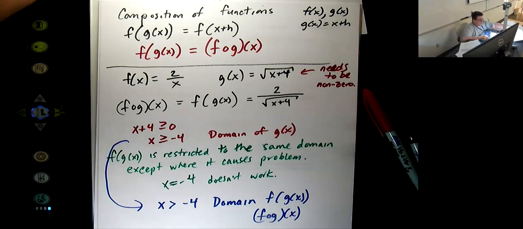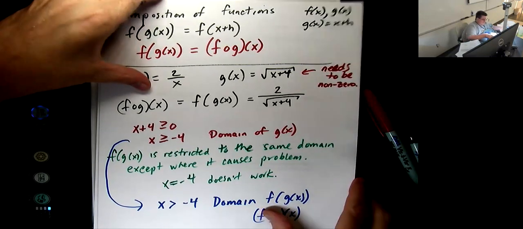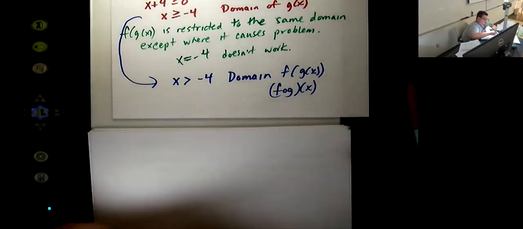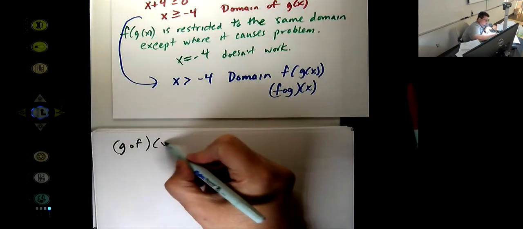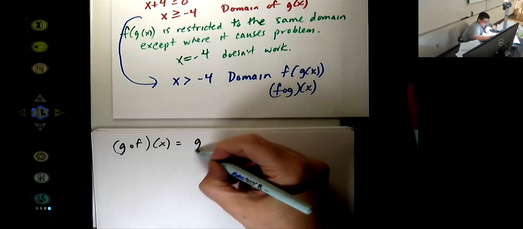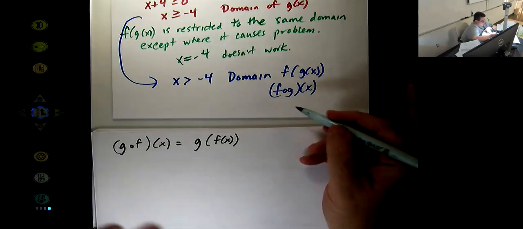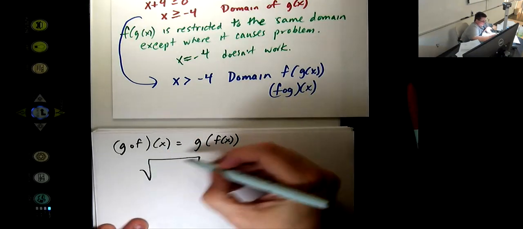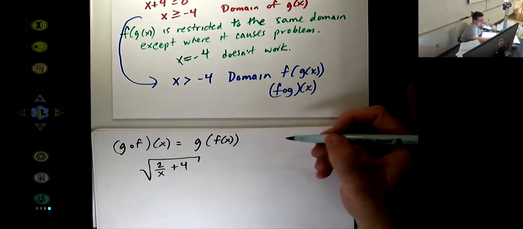It doesn't always have to go in that order. I'll use the same stuff and we'll do g of f. So what we have is x plus 4, but we're putting the 2 over x in place of the x.